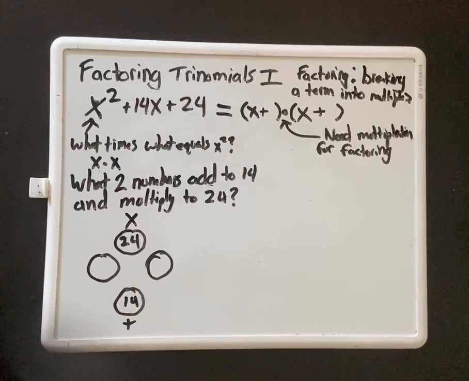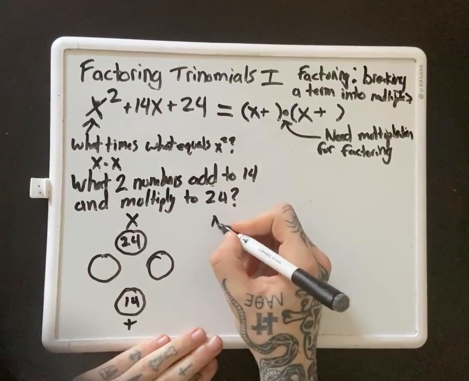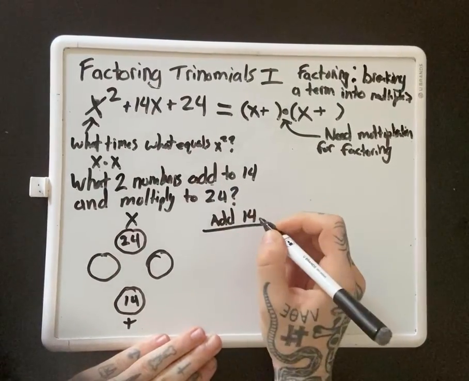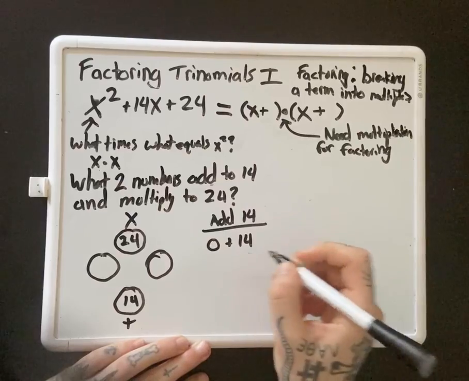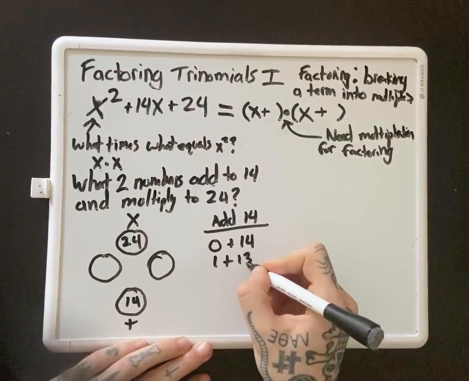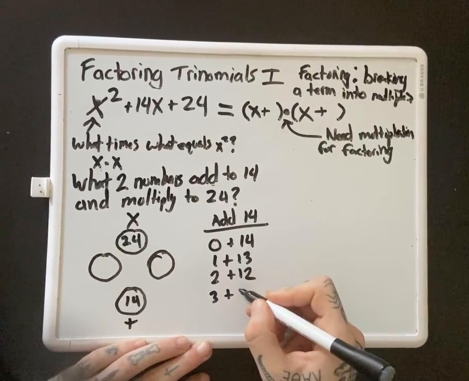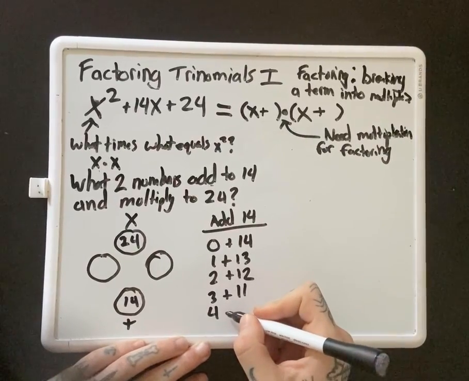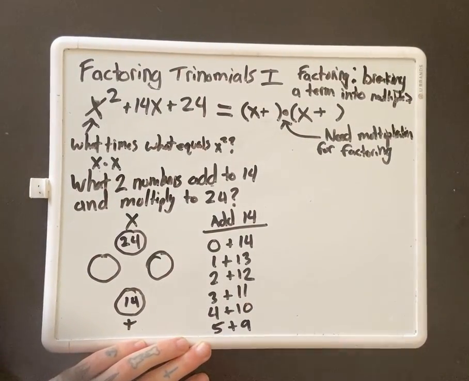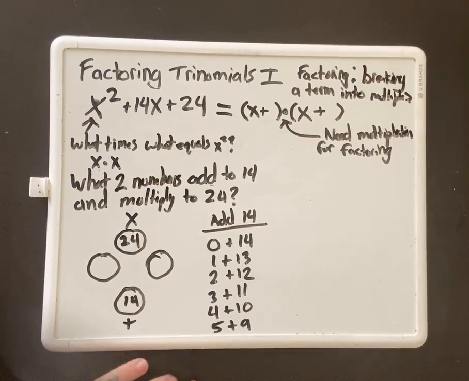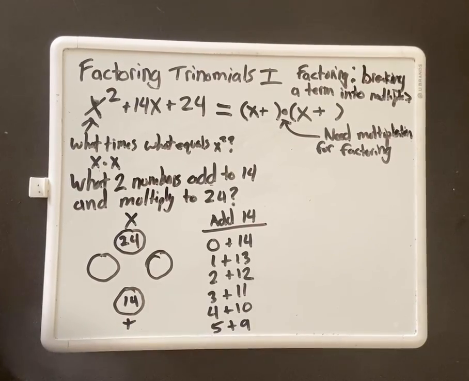Let's just find numbers that add to 14 first, just for the sake of it. 0 plus 14, 1 plus 13, 2 plus 12, 3 plus 11, 4 plus 10, 5 plus 9, and the list goes on and on, okay? We could keep going. If I wanted to use negative numbers, the list technically goes on forever.